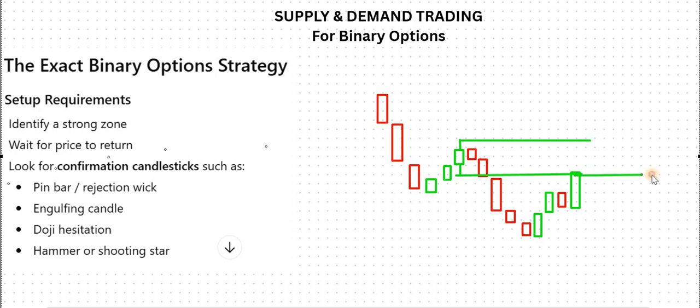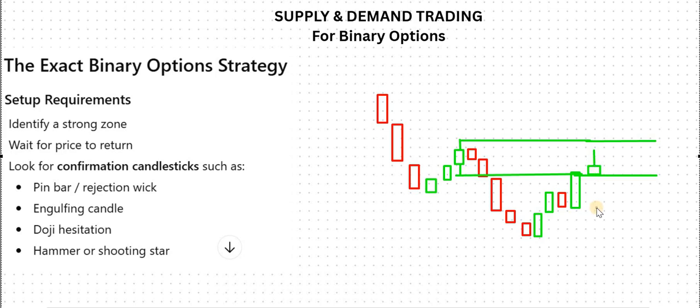We look for confirmation candlesticks, and one of those confirmation candlesticks is the pin bar or rejection wick. So we have a pin bar, something like this, the next candle like this, and we have a rejection wick, something like this. Yes, this is what we want to see.